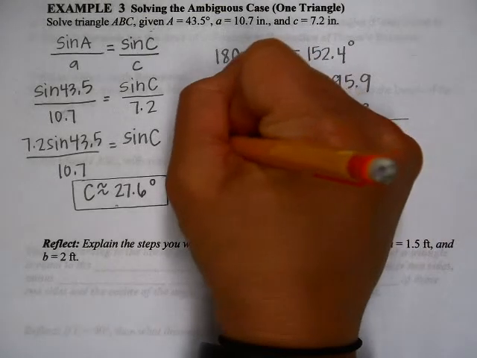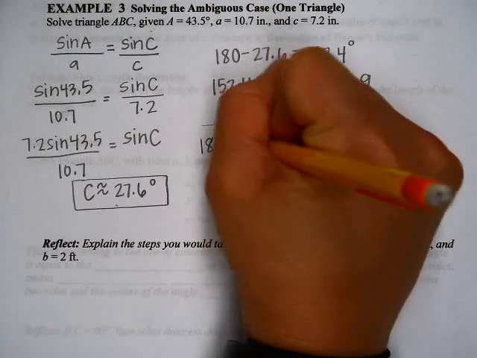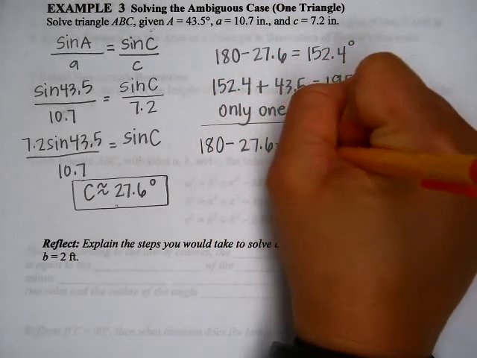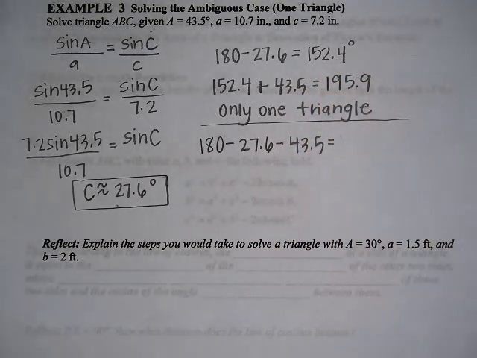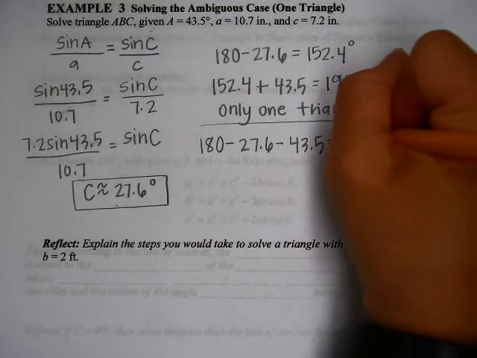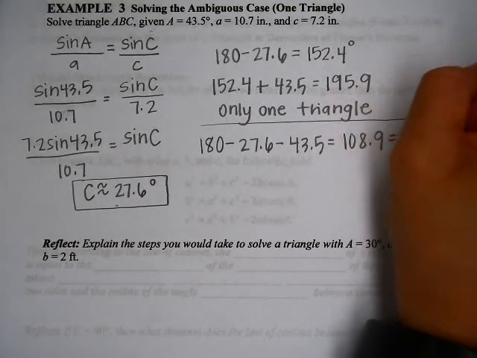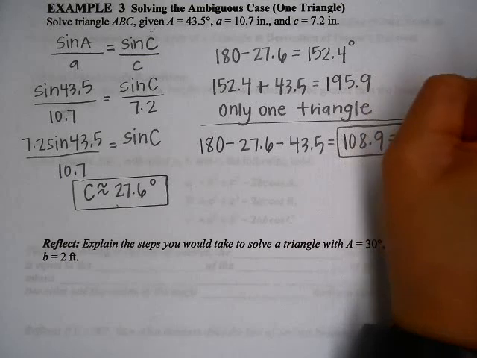B, because we can say 180 minus 27.6 minus 43.5 given in the original. When you put that in your calculator, what do you get? 108.9, and so there is your big B.